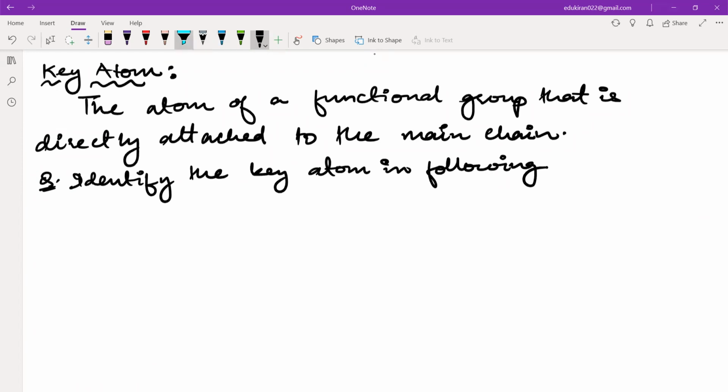So first of all, you have to identify the functional group. Then after that, you will identify the key atom. Only after that can you identify the key atom.